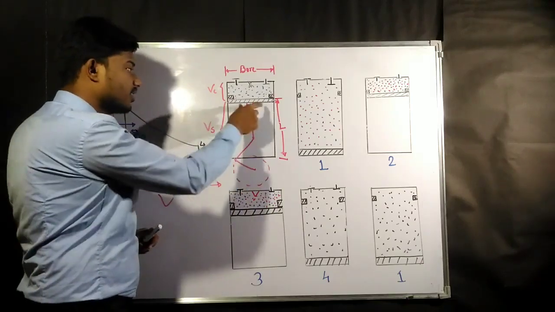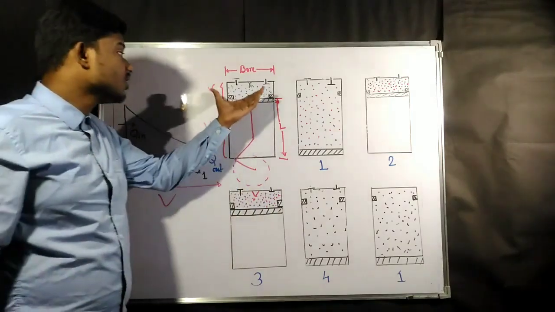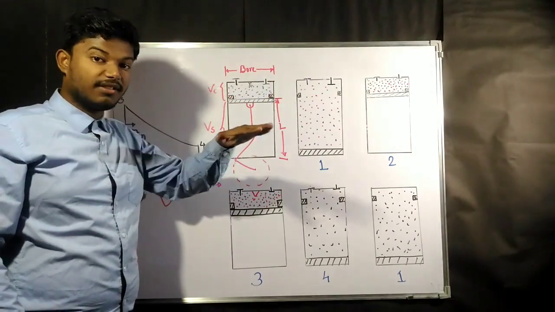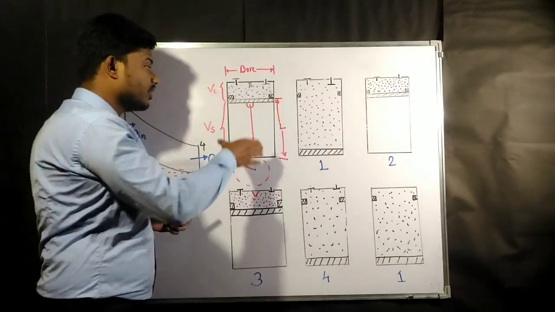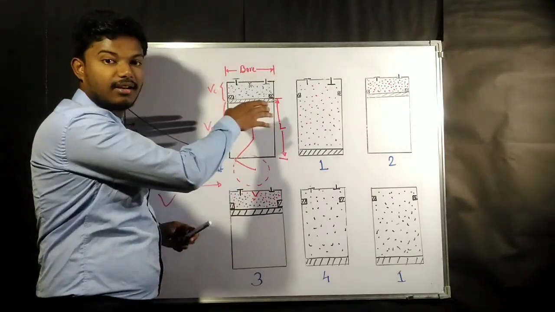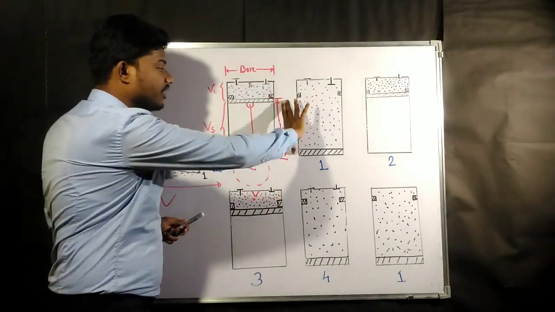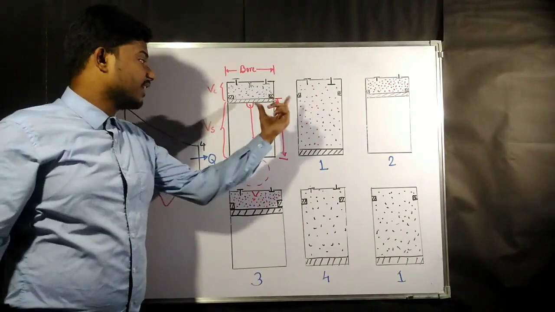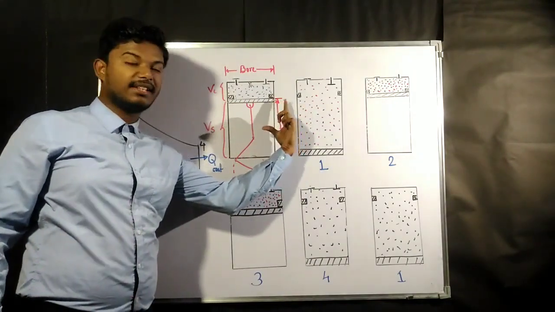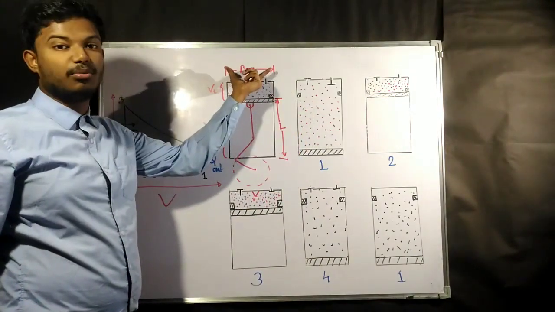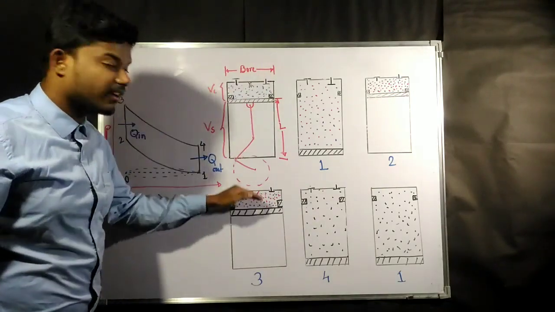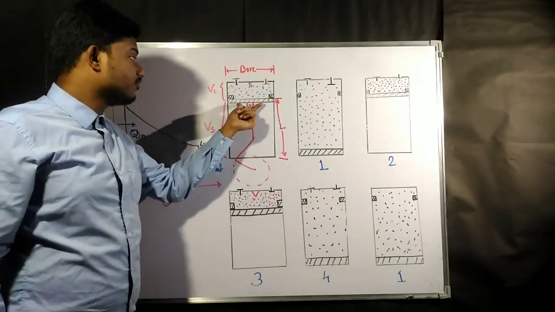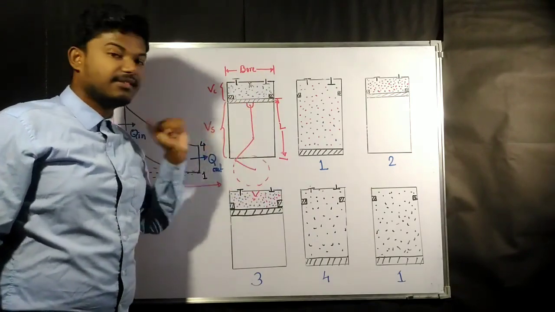And the volume which the piston covers while moving from top dead center to bottom dead center, or bottom dead center to top dead center, is the volume of a cylinder whose height is the length L and whose diameter is equal to the bore. This is the volume the piston covers while reaching from TDC to BDC.